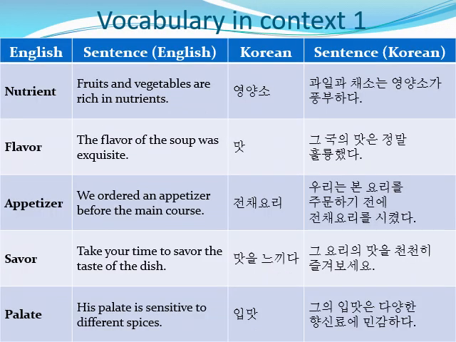Now, I'll use the vocabulary words in some sentences. Again, please do listen and repeat. Nutrient. Fruits and vegetables are rich in nutrients. Flavor. The flavor of the soup was exquisite. Appetizer. We ordered an appetizer before the main course. Savor.